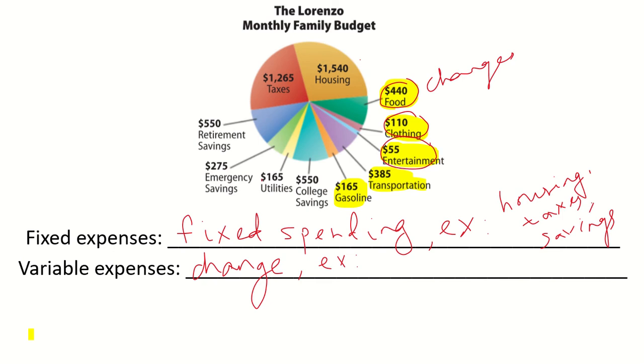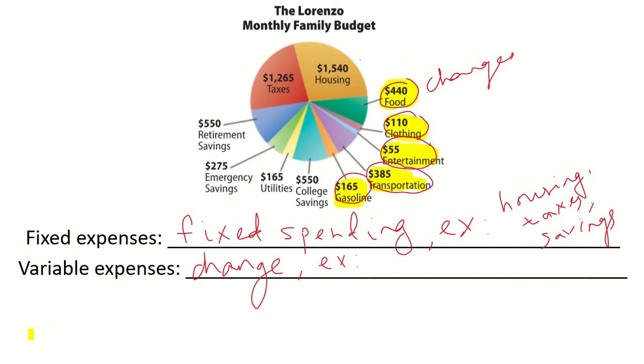You don't go to the movies or buy entertainment things the same every single month. And transportation basically means you're driving around and your car costs. Same with gasoline, right? The amount we drive does not stay exactly the same every single month. Depends, it could change a lot.